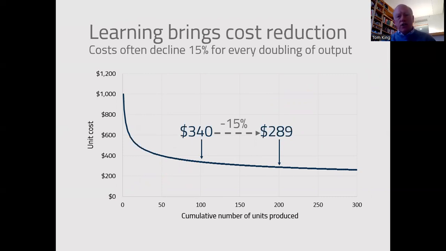Now, the units here are from inception of the time where we started making something. So if cumulative units produced went from 100 to 200 units, let's say, and the initial cost was $1,000 for the first unit with an 85% learning curve, costs would be expected to drop from $340 per unit to $289 per unit.